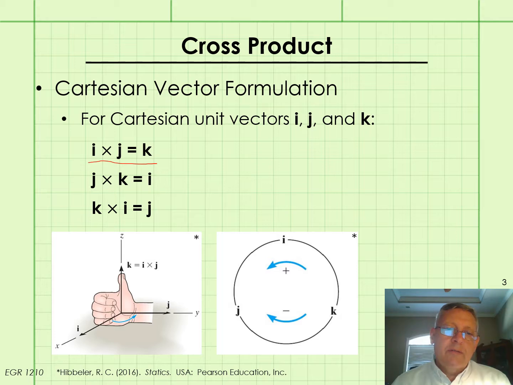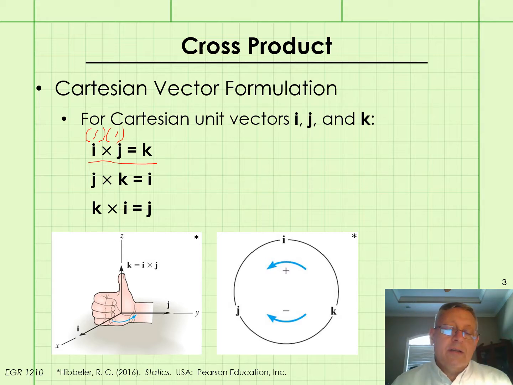We learned on the previous slide that the magnitude of the cross product of two vectors is equal to the magnitude of the first, which is 1, the magnitude of any unit vector is 1, times the magnitude of the second, which is 1 again, times the sine of the angle in between the two vectors.